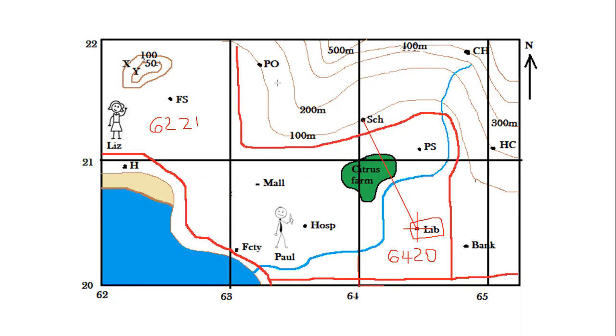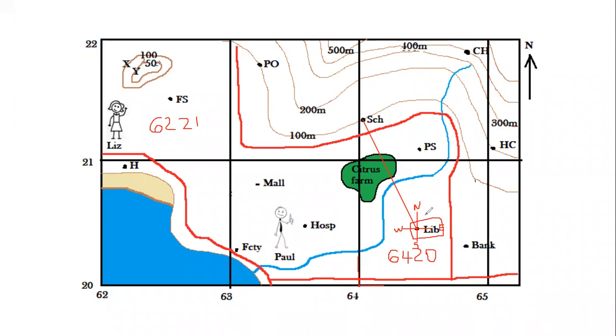So notice that right here is north. This direction is south. This direction is east. And this direction is west. And we use these cardinal points to find the intercardinal points.